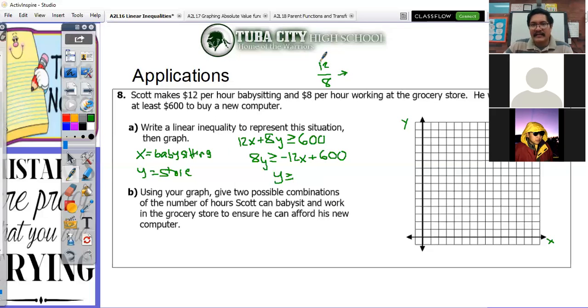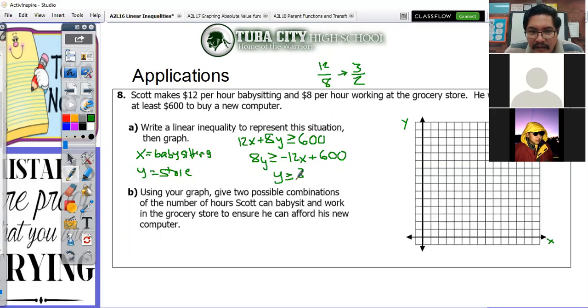So we need numbers that both 12 and 8 can be divided by, which in this case is going to be 4. So 12 divided by 4 is 3. And 8 divided by 4 is 2. Now, even if I were to take this and divide it, 3 divided by 2 would still be 1.5. But again, it's better to have fractions.